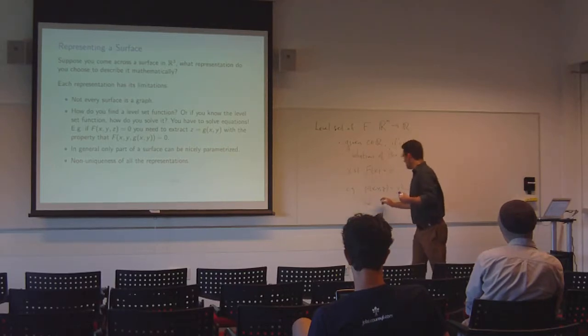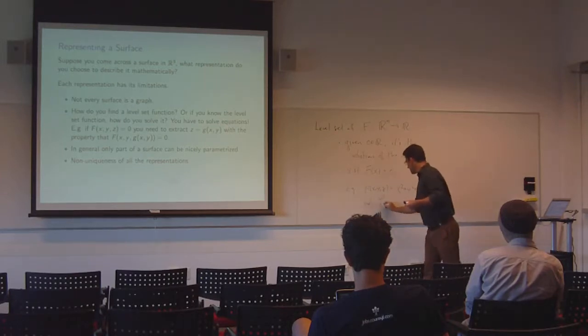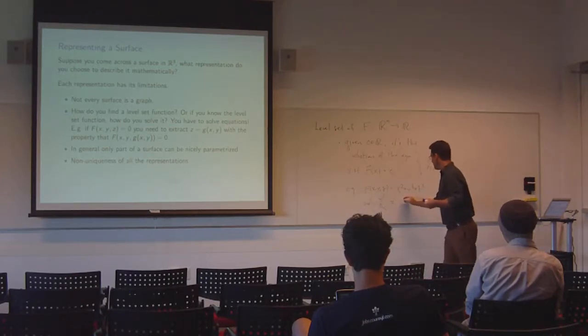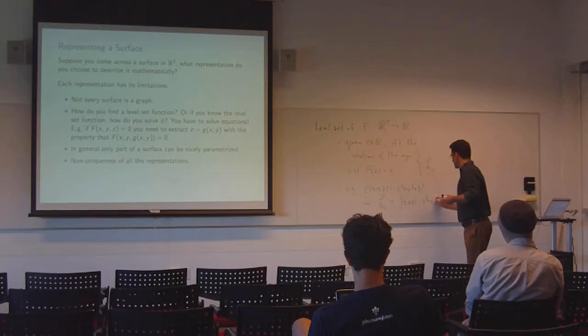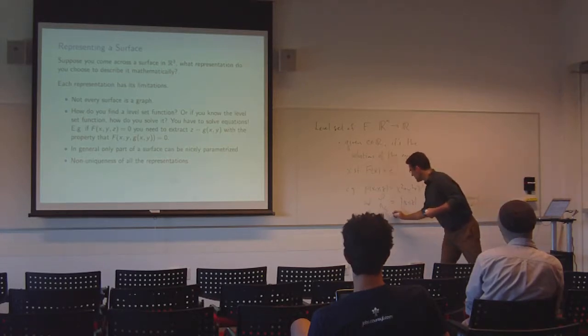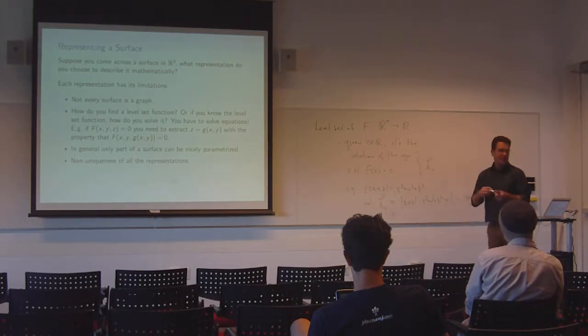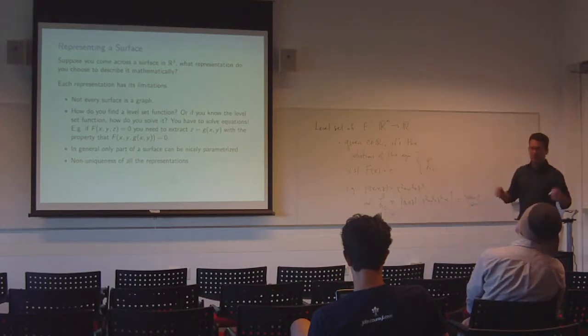Let's call this the level set of C. The level set of C is the set of x, y, z triples such that x squared plus y squared plus z squared equals C. In other words, it's the sphere of radius square root of C. Let's make sure that C in this particular example is greater than or equal to 0, but that, of course, is not necessary for every example. In this particular case, if you were to put a negative number here, you would have no solutions.